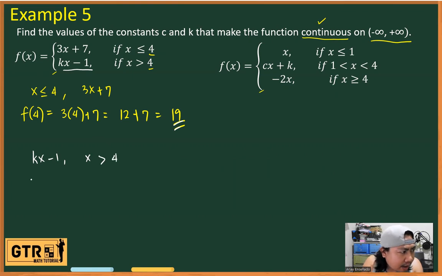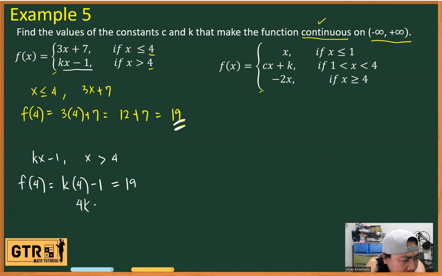Substitute: f of 4 is equal to k times 4 minus 1, which should equal 19. So equate this to 19, then solve for k. So we have 4k minus 1 equals 19.